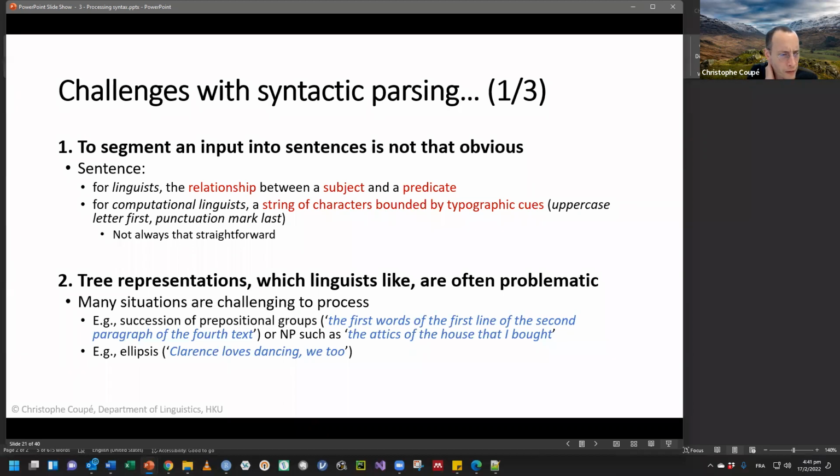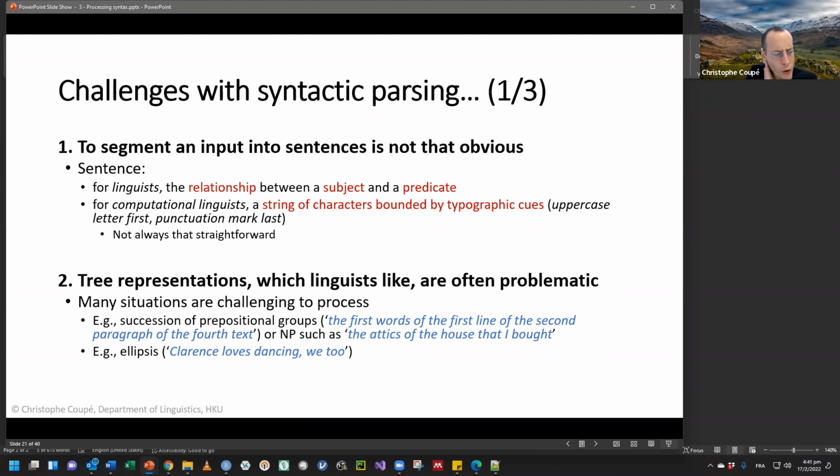For a linguist, a sentence is a relationship between a subject and what we call a predicate. And the predicate is a verb plus its objects, basically. That's how linguists would approach a sentence. That's a very, very linguistic way of doing that.